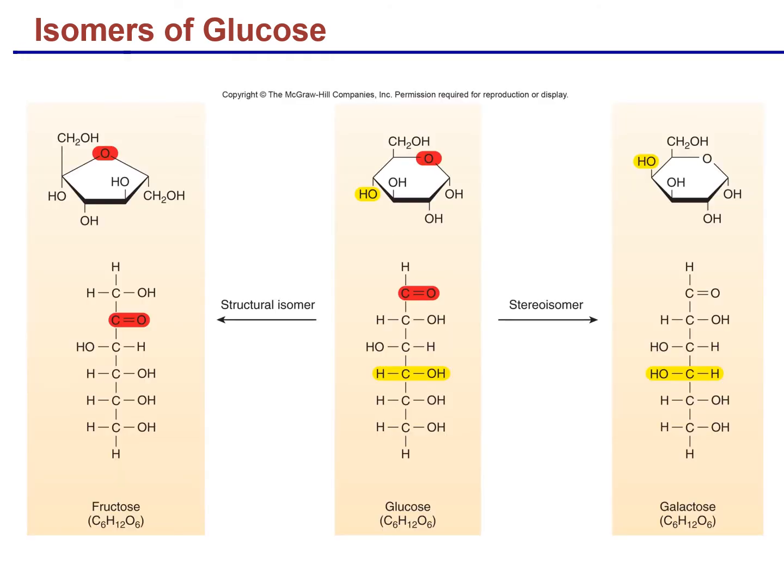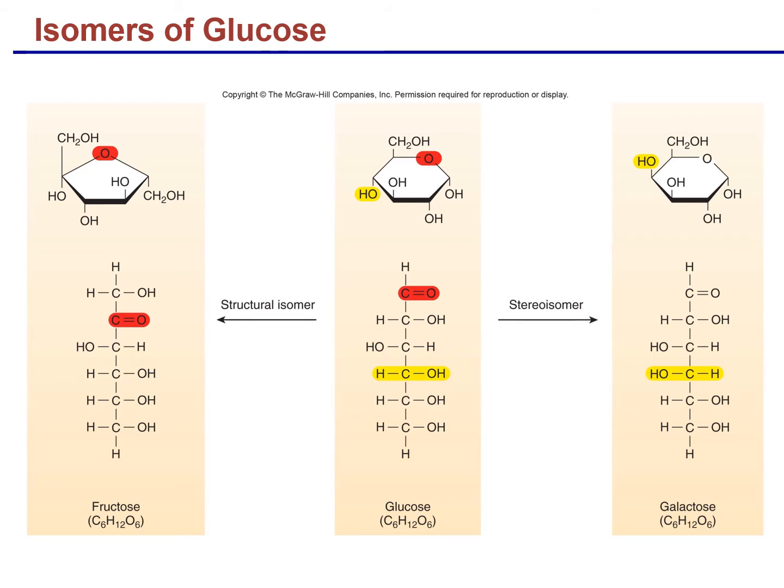In organic chemistry, there are lots of isomers. Isomers would be molecules with the same formula that have different structural arrangements. So glucose can exist in different forms. If you shift the oxygen that has the double bond to the carbon from the number 1 to the number 2 position, you turn glucose into fructose.